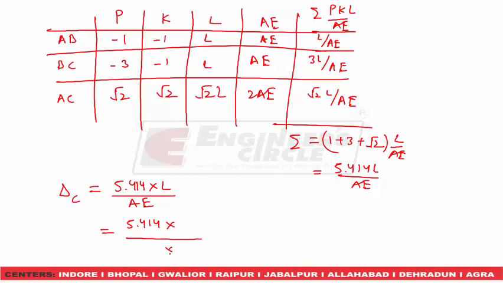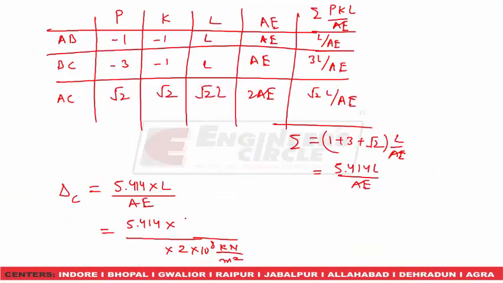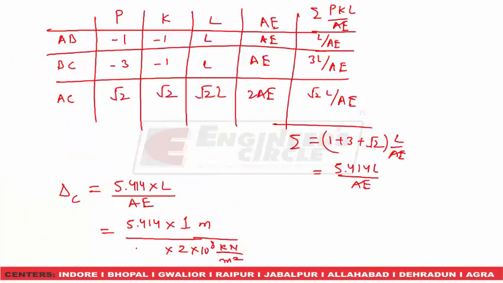L is given to us as 1 meter, and the cross-section area is given as 10 mm square, and the load is 1 kilonewton.